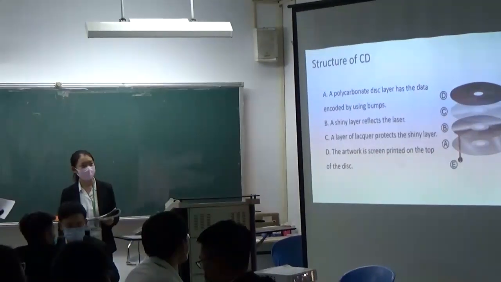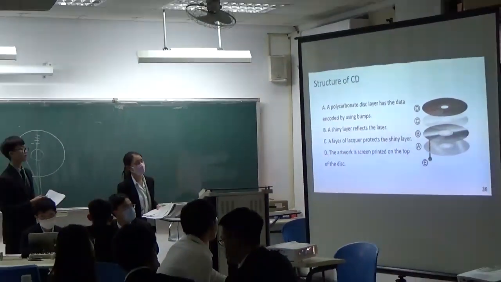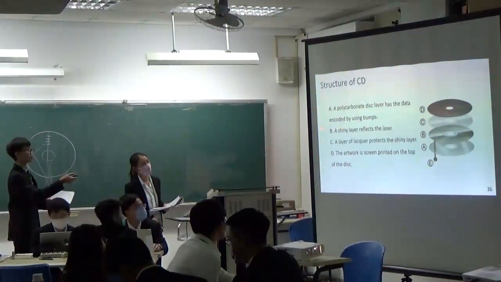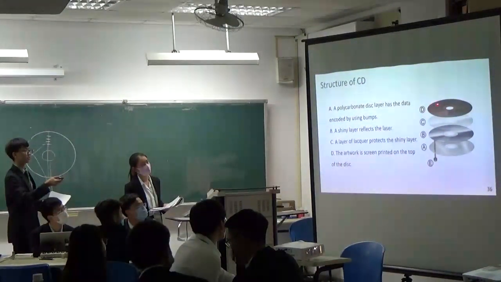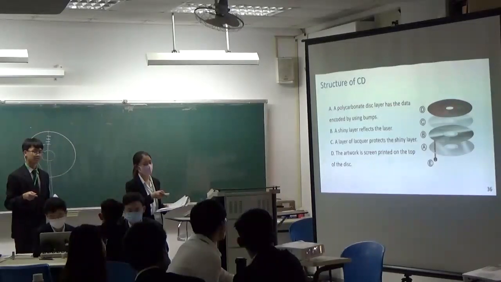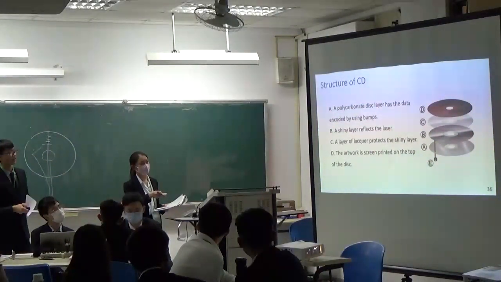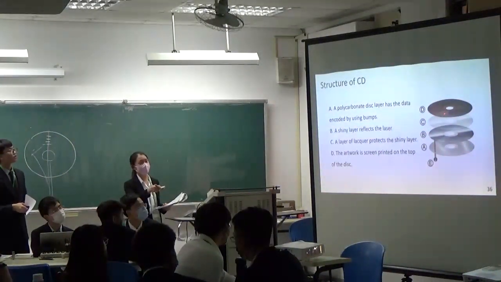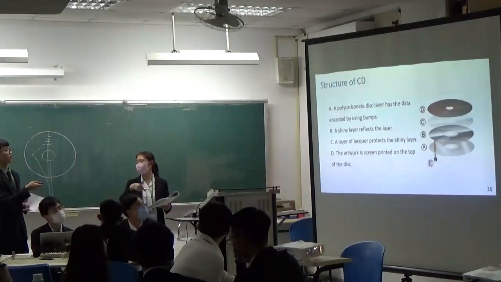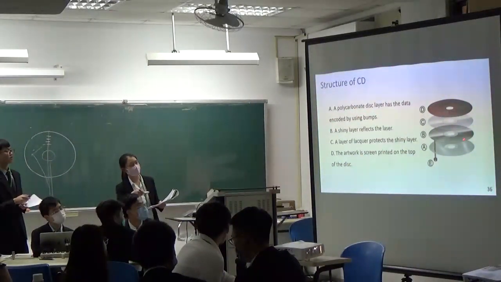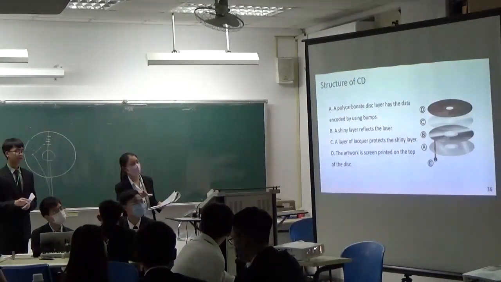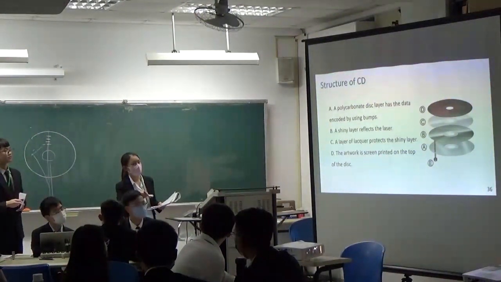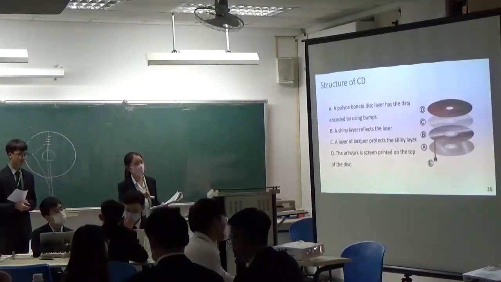We believe that the shiny layer here will reflect the laser back, and there are little ticks on the CD, so it will change the direction of the reflection. So here's the plastic on the CD. I think it will have three layers. Yes, there are layers on the CD. We mainly focus on the reflection, not the structure of the CD.